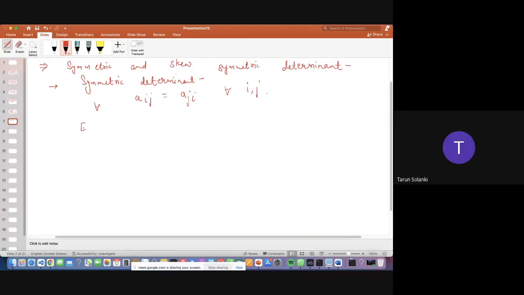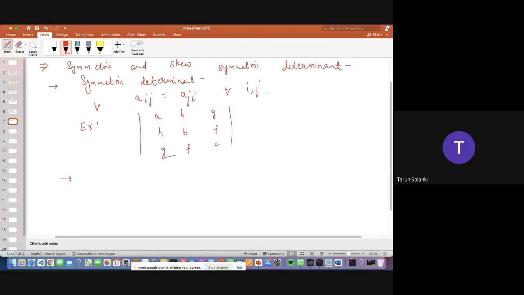Meaning, with a, b, c, h, g, f, these both should be the same. So that is a symmetric determinant, meaning aij is equal to aji.